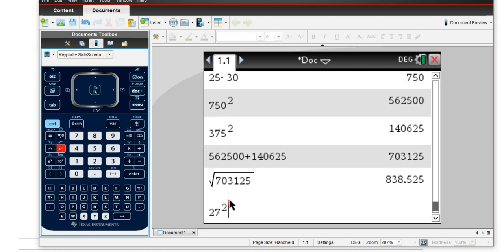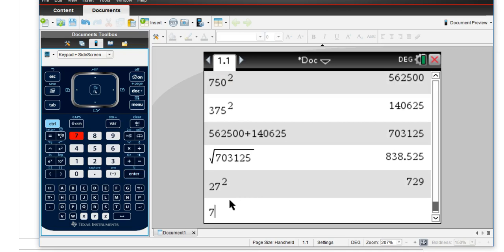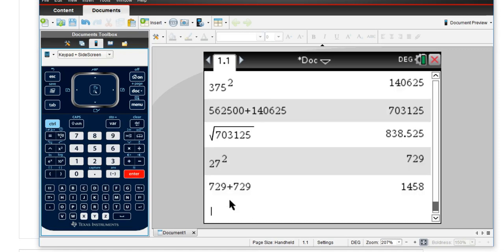27 squared is 729. And 729, these are on the same side, so again, I'm just combining them. And you get 1458.